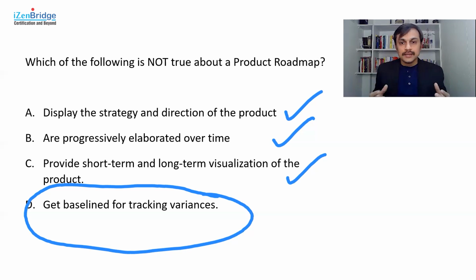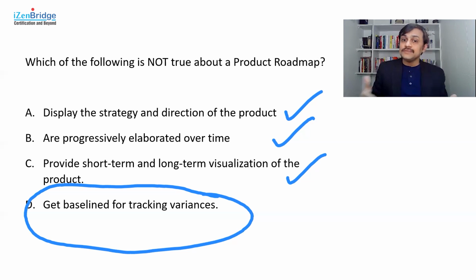You may track things which are detailed plan, which have a detailed agreement. Say you may have a release date, a planned release date, and you may want to track variances against that planned release date, but you don't usually get value by tracking variances against the roadmap because roadmaps are made with high uncertainty at a very high level, which has an ambiguity attached.